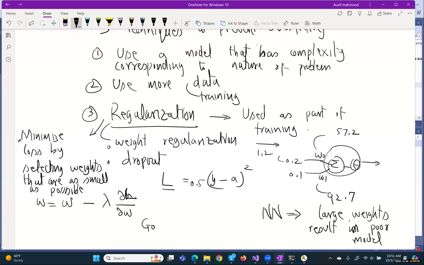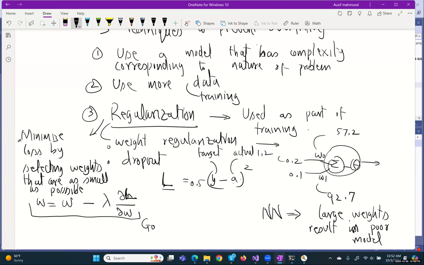So the question is, how do we accomplish this if this is the goal? Just like, why did we put this? What is y over here? Target. What is a? Actual, right? So as we keep applying W equal to W minus lambda partial L over partial W, what is the model doing with respect to y and a?